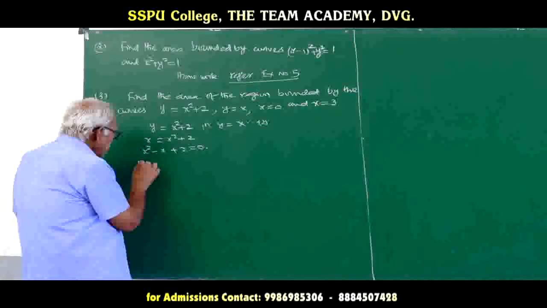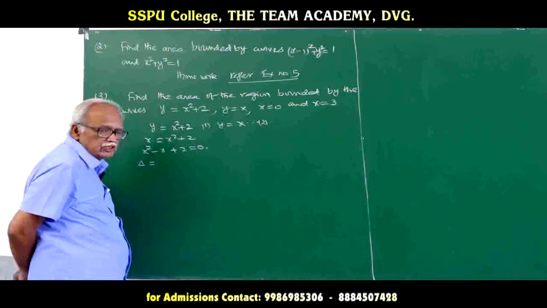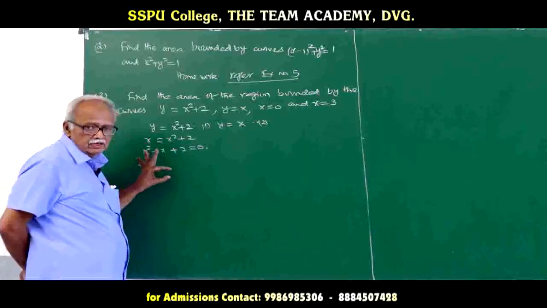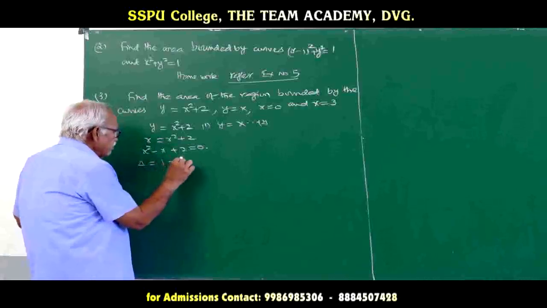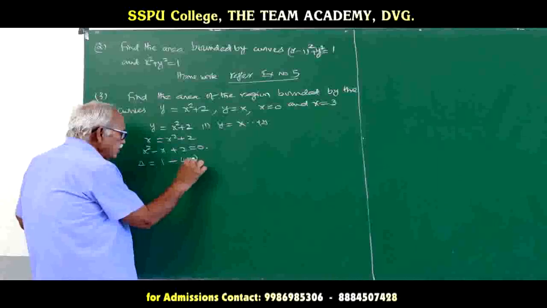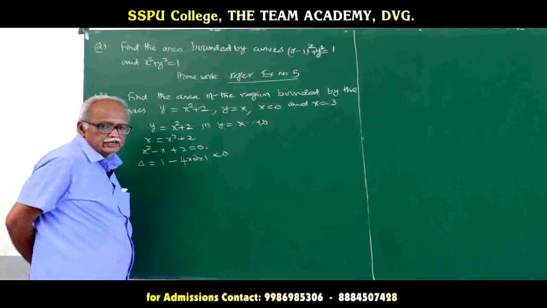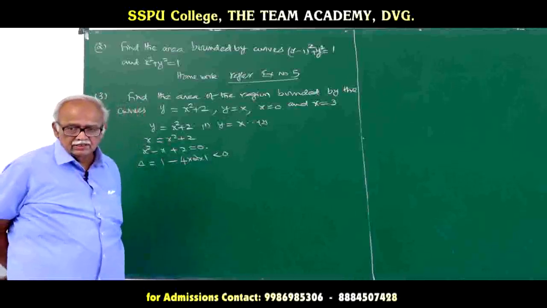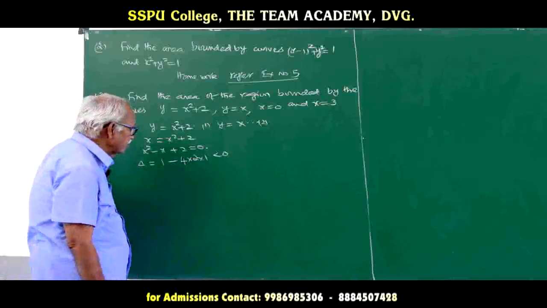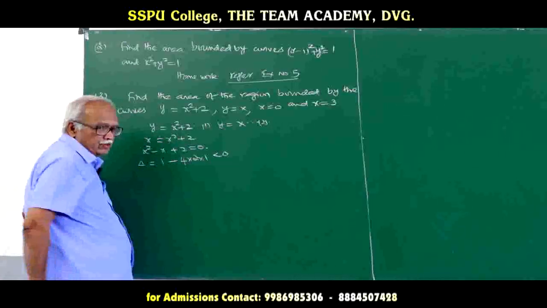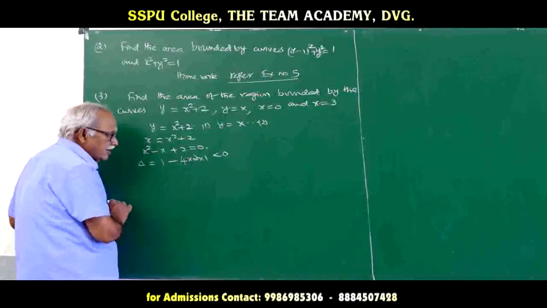Here the determinant, b square minus 4ac of the quadratic equation, delta is equal to b square minus 4 into a into c, is less than 0. So the curves do not intersect. Both the straight line and the parabola do not intersect each other, so we are not getting x values.